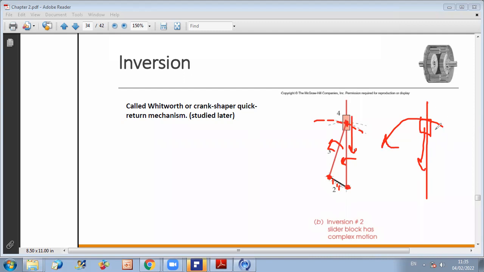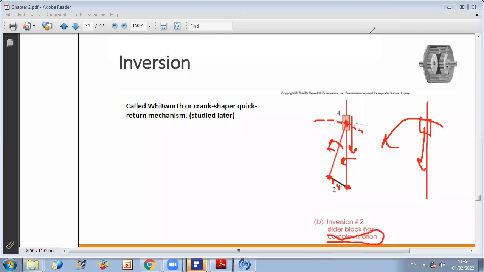This will give your block a combination of translation and rotational motion, which we call general plane motion or complex motion. So in this case, we were able to create a new output motion by doing inversion 2. This is a distinct inversion compared to the first one.